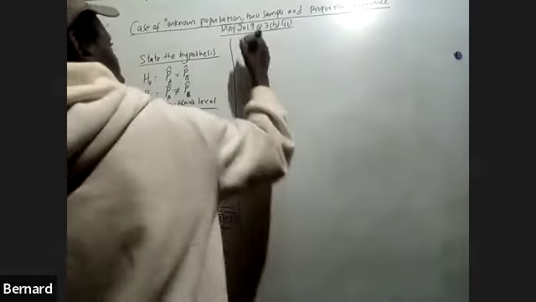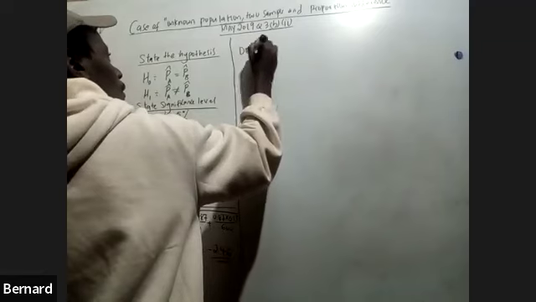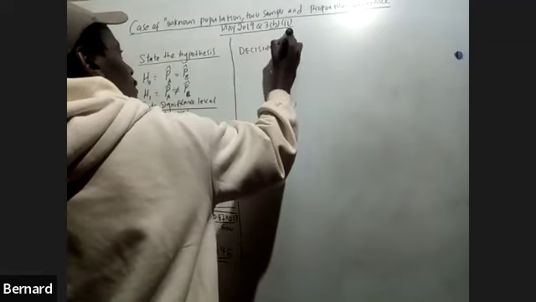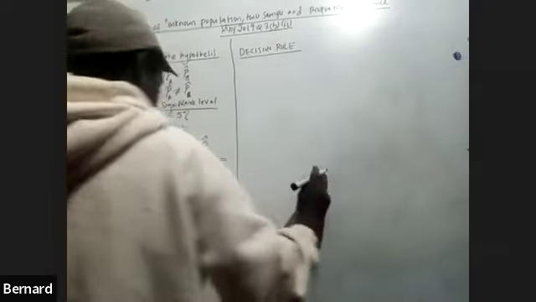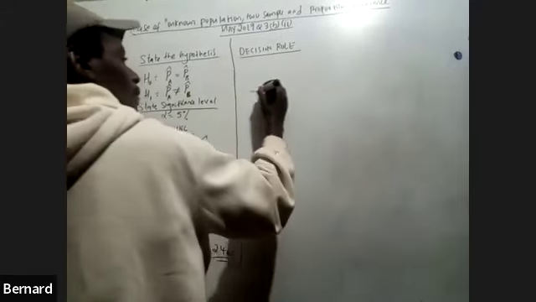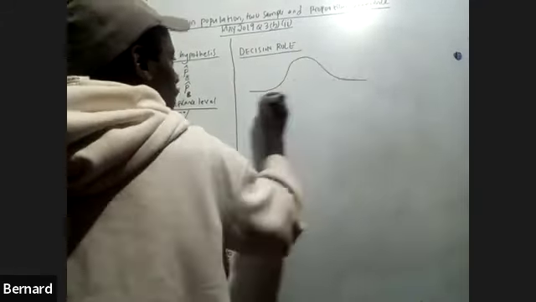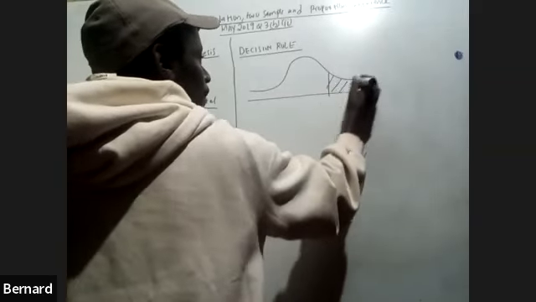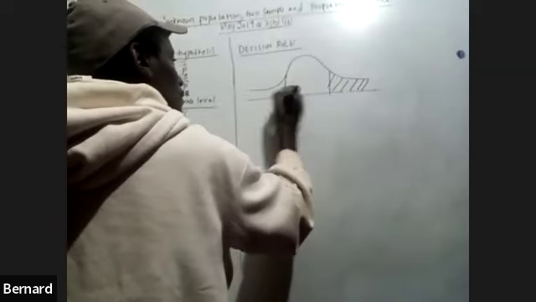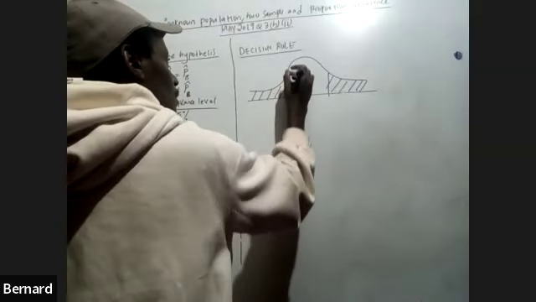So the decision rule. Now our decision rule is that it is a z-test.